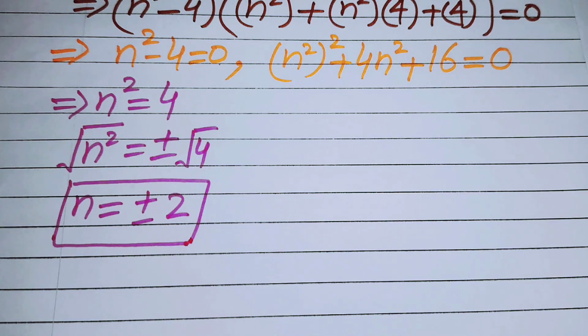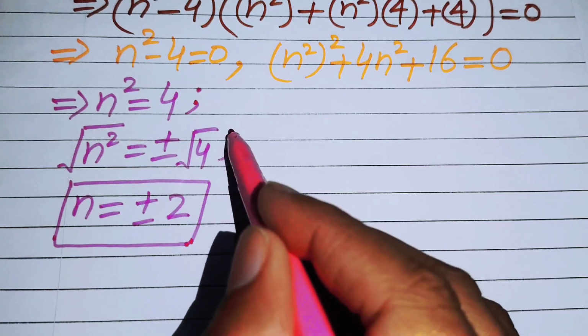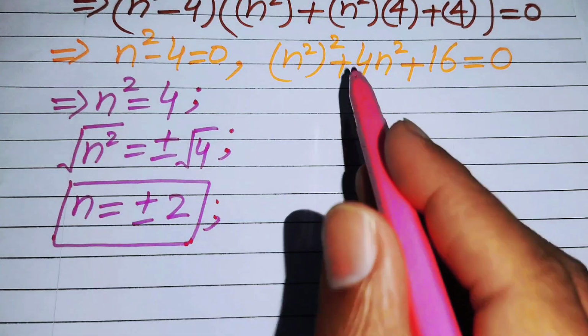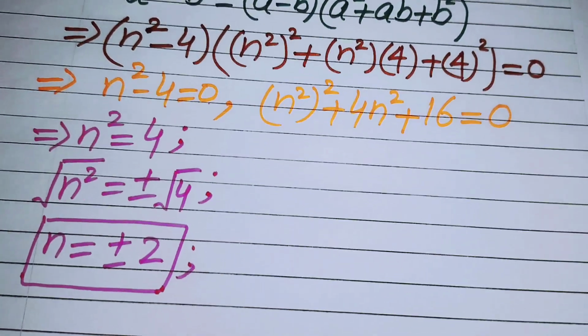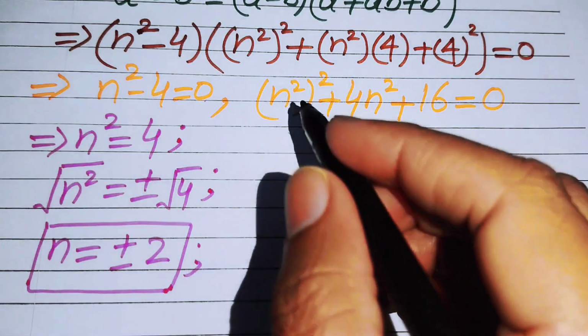Now in order to find the other roots we need to solve this equation. First I can write this equation in a simplified form, and after that we will solve it.